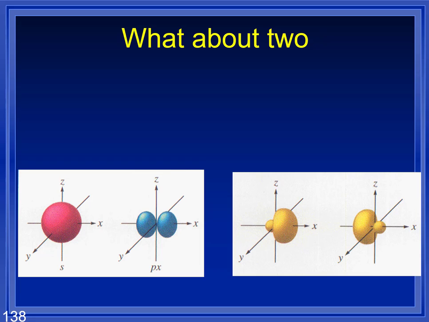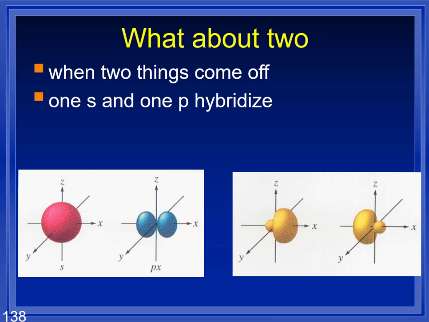Okay, what about 2? When 2 things come off? That means I need 2 orbitals. So if I only need 2 orbitals, I put together an s and a p.